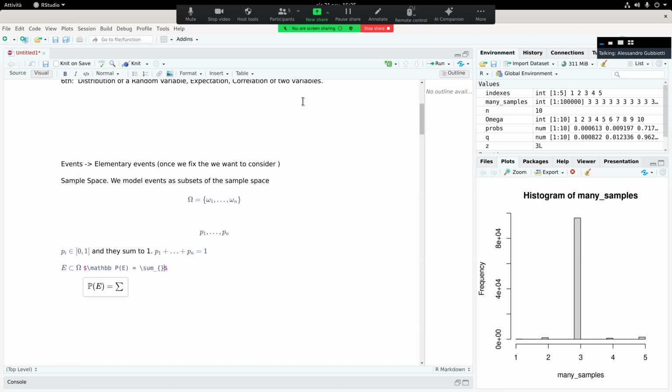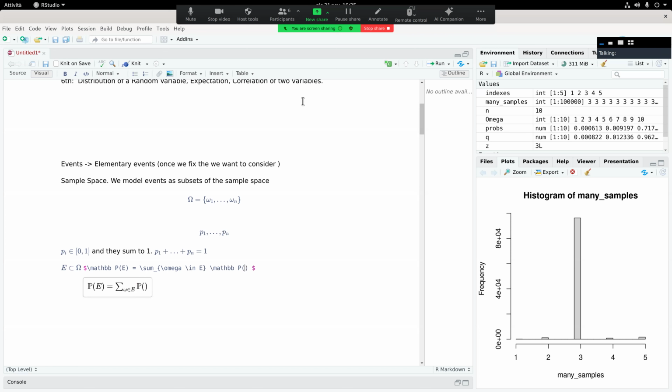So the sum over omega in E of the probability of omega. This is what we did.